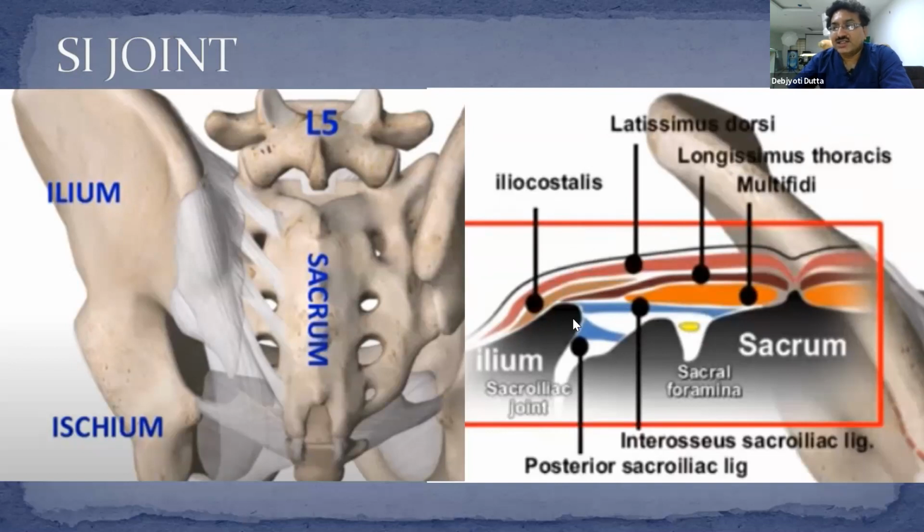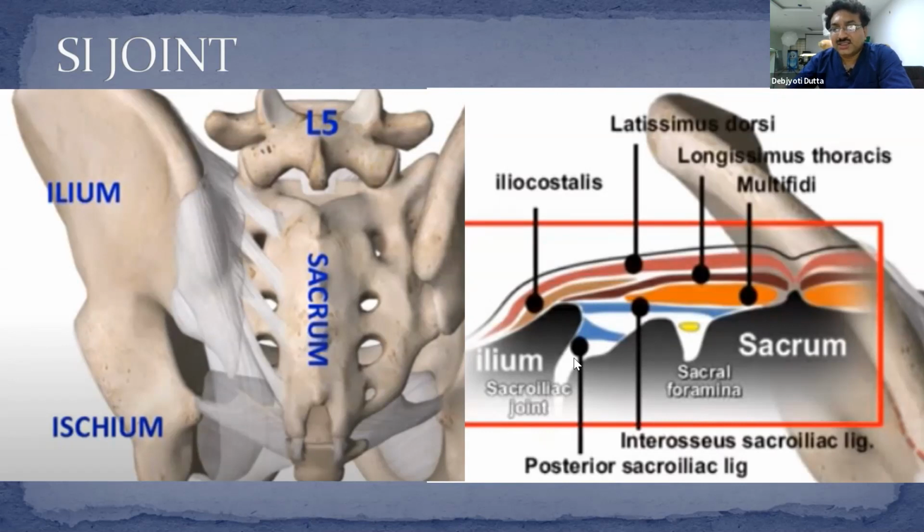And here lies the posterior capsule. With the needle, we need to pierce this posterior capsule, and then we'll be reaching the sacroiliac joint. But remember, the evidence says that if we give injection in the sacroiliac joint and the perisacroiliac area, that means periarticular injection, both work.